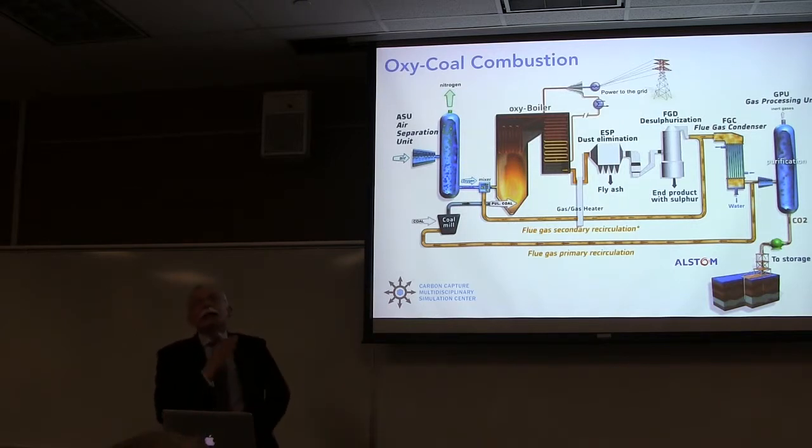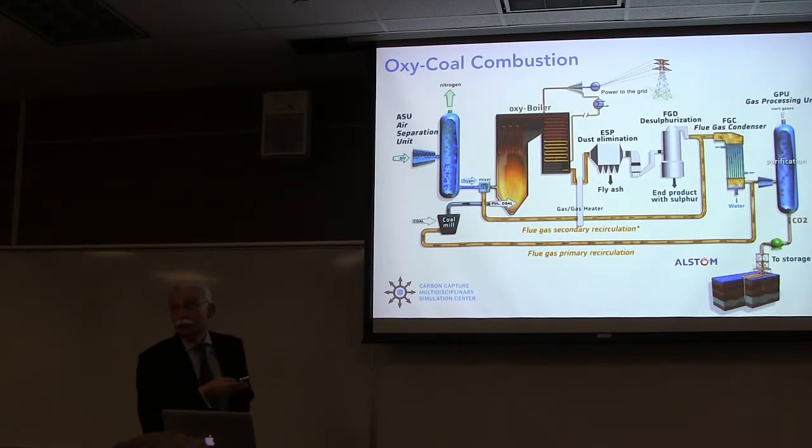One technology that is thought to be less expensive is oxy-combustion. So instead of separating the CO2 from the flue gas, separate out the oxygen from the air and use pure oxygen as the combustion source in the boiler.